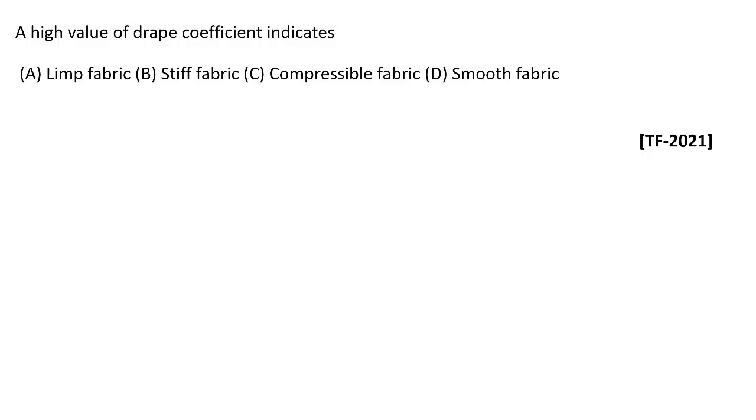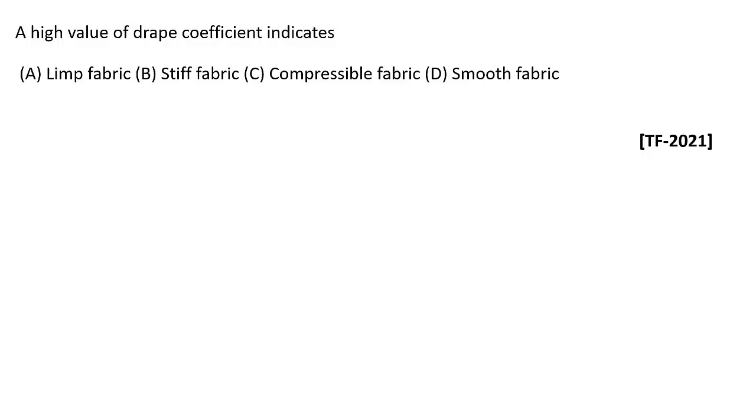So what is drape and how is it related with drape coefficient? You have read about drape, that drape is a tendency of how well a fabric can hang itself. If it hangs to a larger extent, then the value of drape is very high. मतलब कितना झूलता है वो, this is known as drape. कितना वो कपड़ा झूल रहा है उसमें, so this is what is known as drape.